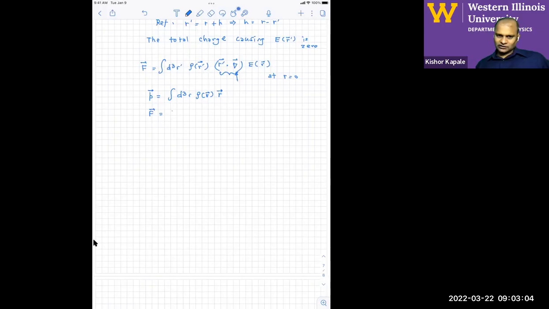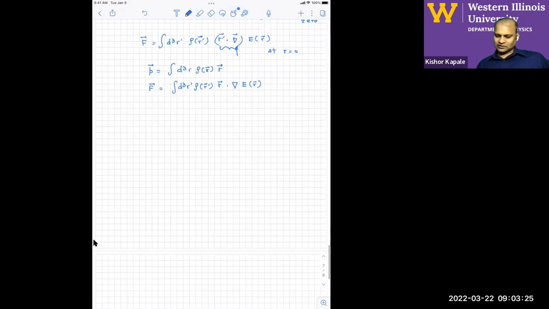And when you interchange the order, what you are going to get essentially is the integral d cube r prime, rho of r prime multiplied by r prime. So that's p dotted with the gradient applied to the electric field, right? So that's how that looks. And this part is all r prime dependent.